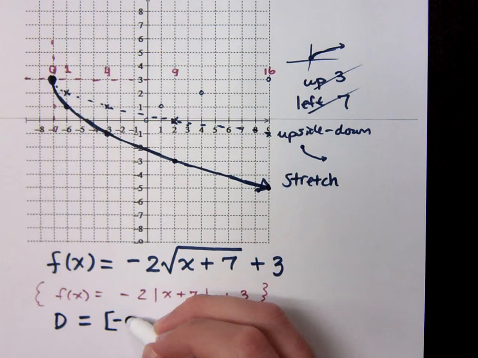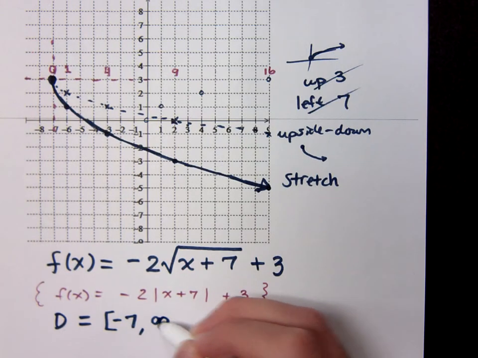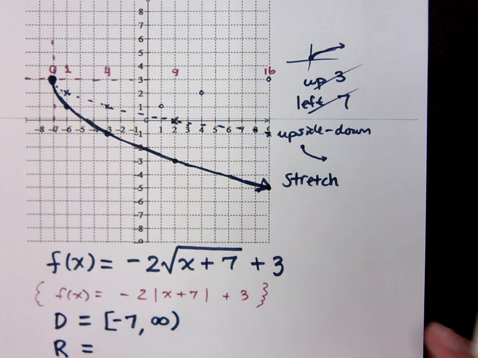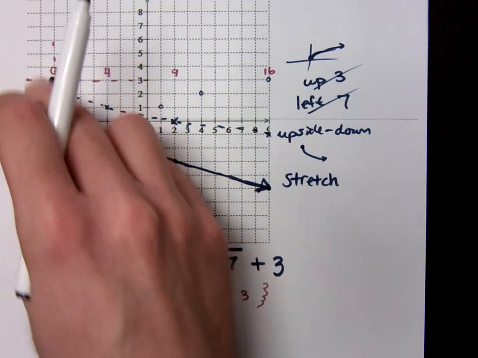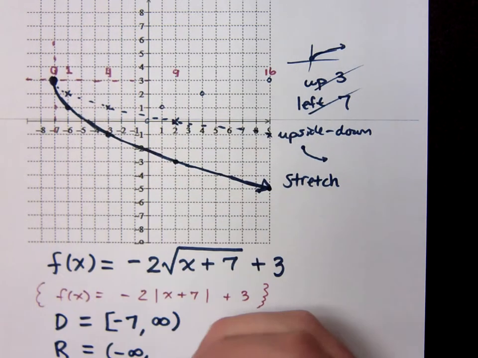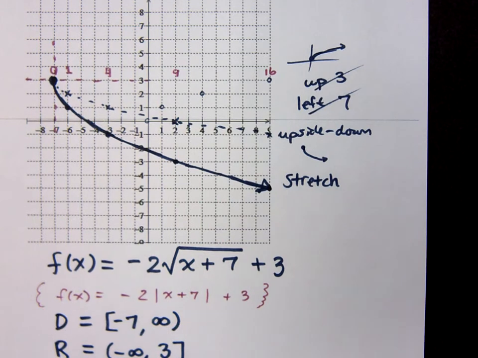Including negative 7 and going out to the right to infinity. What is your range? Negative infinity to 3. This guy's going all the way down here. So he's coming from negative infinity. The highest he gets is the y value of 3. Okay.